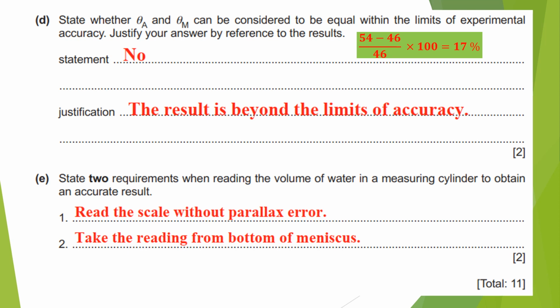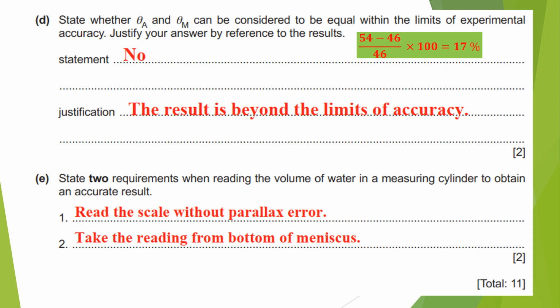In order to check whether these two answers are the same or identical, we need to find the uncertainty using this formula. Difference in the two temperatures divided by measured temperature times 100, and we got 17%. Actually, you do not need to do this calculation, but in order to give some justification, you need this.